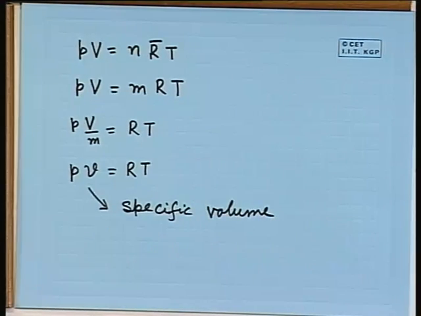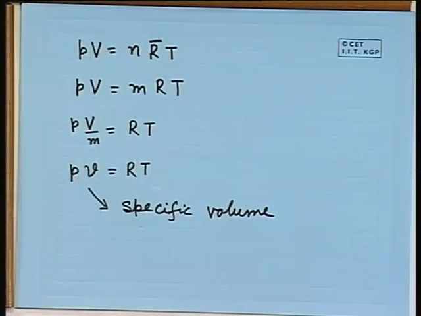So, these are the different forms of ideal gas law. Sometimes this is also called combined Boyle's and Charles law, as we know from our elementary physics. So, this law we will use for determining different properties and determining work done, heat transfer, etc. using thermodynamic laws.